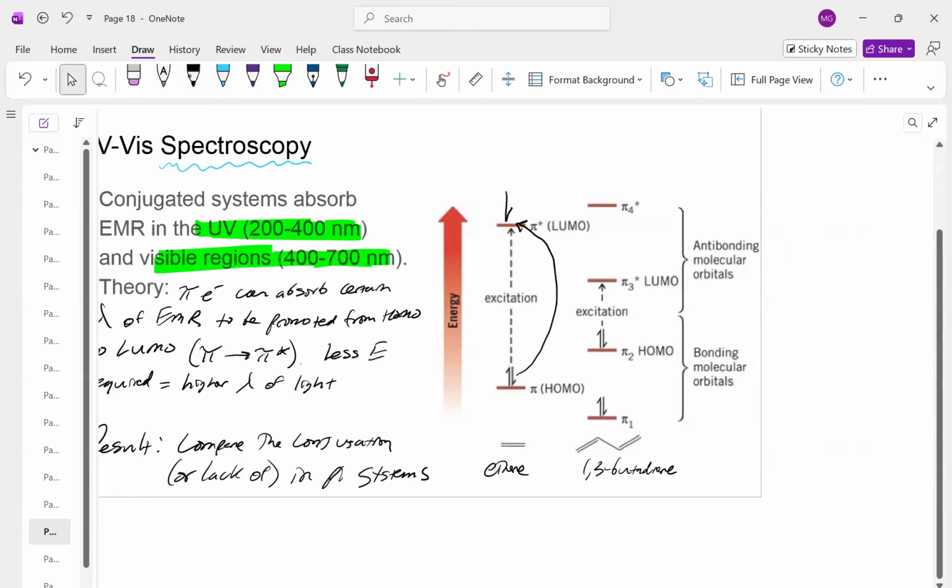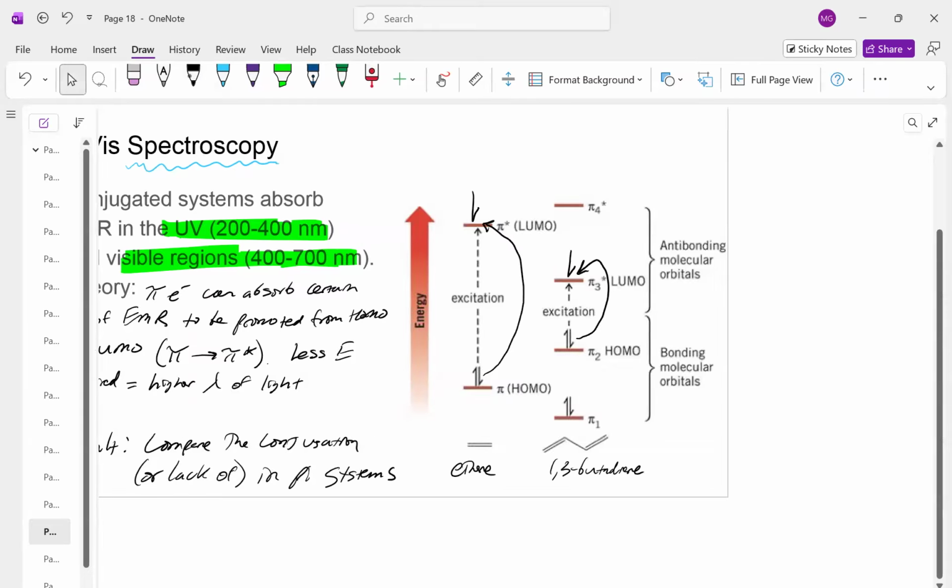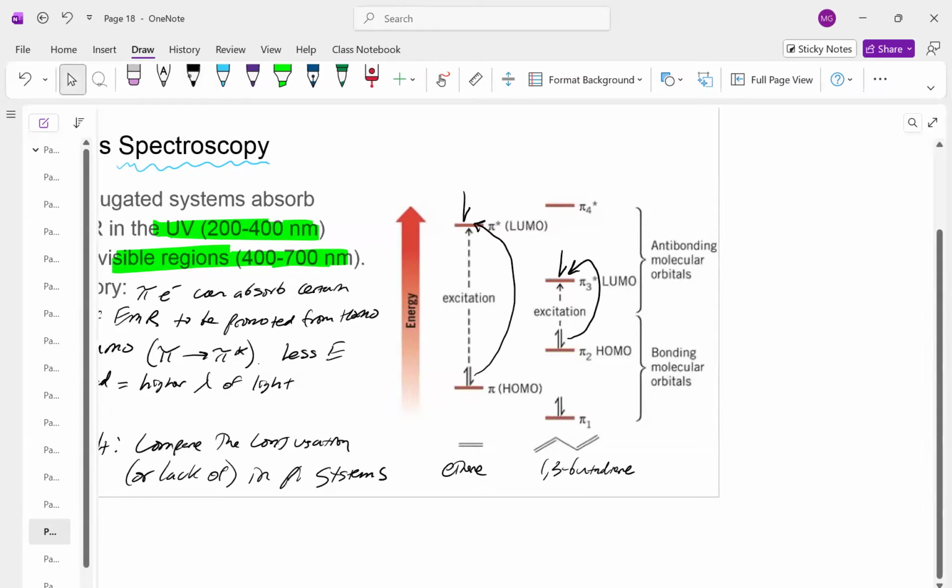Now, with 1,3-butadiene, the same phenomenon will happen, but it will do so at a wavelength within the UV region. And that electron will get promoted up to the pi star. And that gap between the HOMO and the LUMO will shrink the more conjugated a system is.